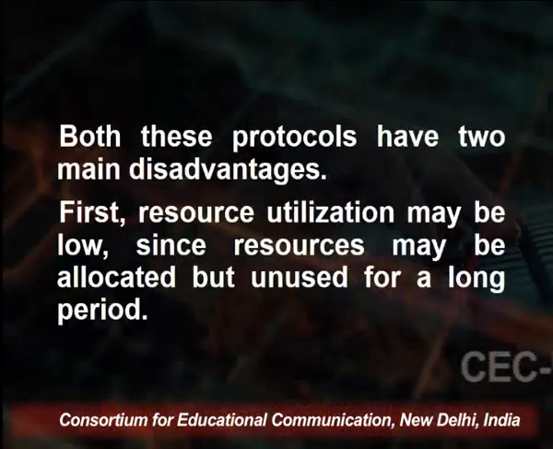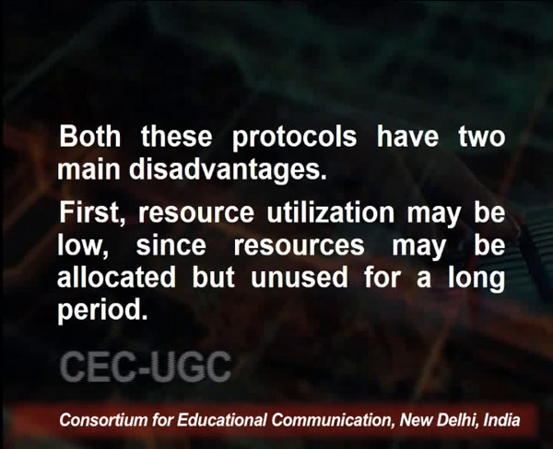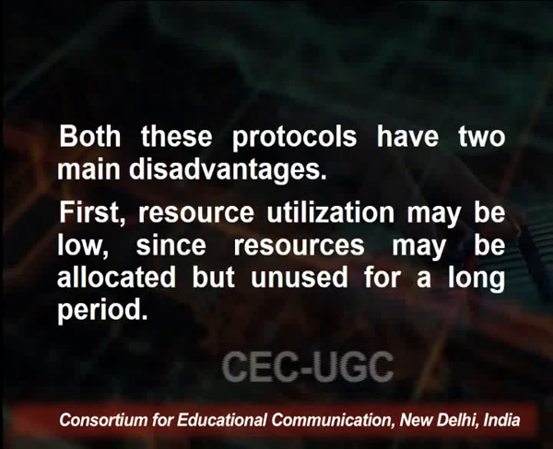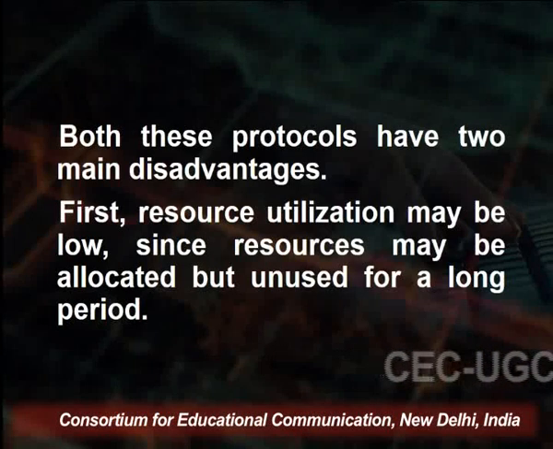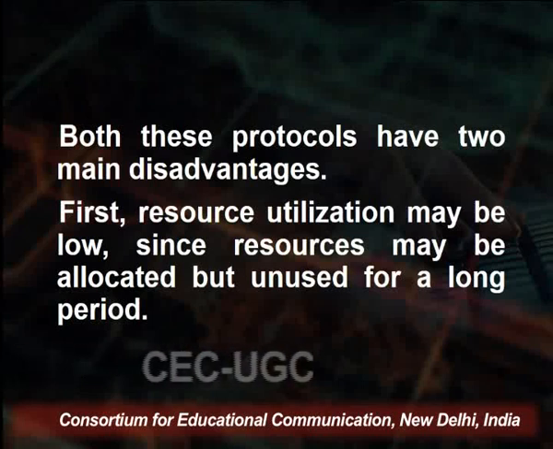Both these protocols have their own disadvantages. The first main disadvantage is that resource utilization is going to be very low, because the resources will be allocated and unused for a long period. As we have seen, the printer is given to the process initially and is used only at the end.